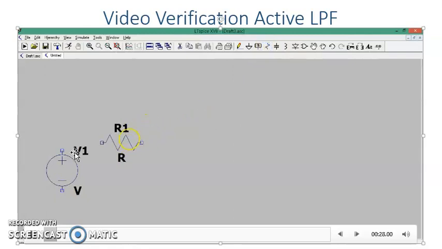This is R1. Control R will simply be rotating this resistor. Escape is used for getting rid of the selection. Selecting capacitor. Escape again.